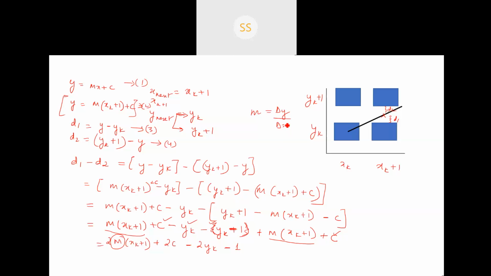So when I take my slope, there is a division operation, and whenever a division operation takes place, it always results in a floating point value. And I do not need this floating point value. So what do I need to do? To remove this floating point value, I'll just write it once again, what my d1 minus d2 is.